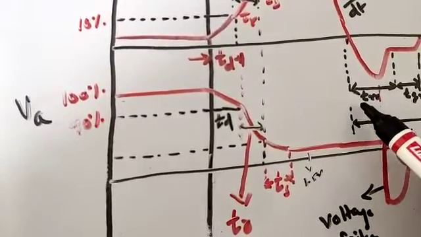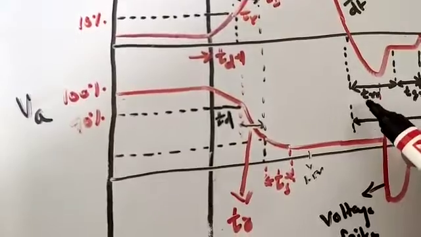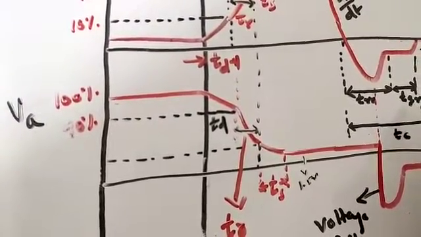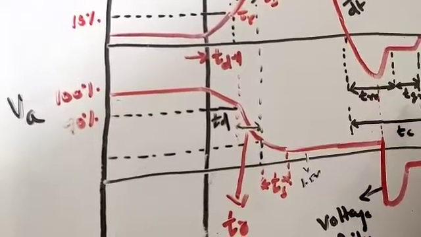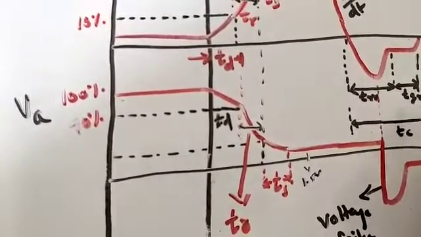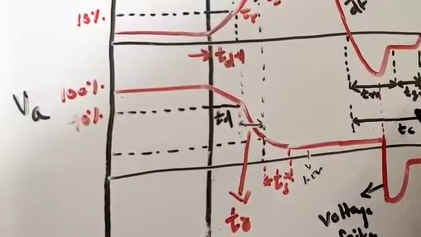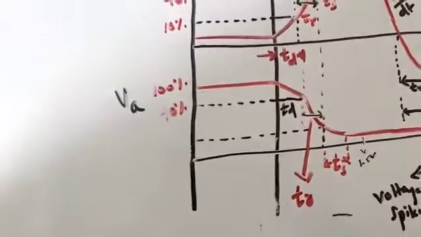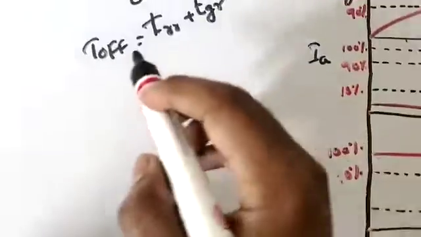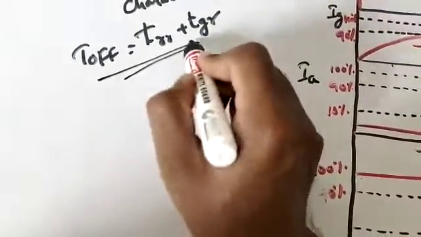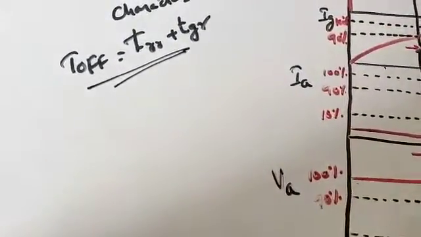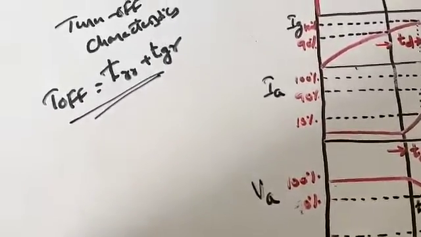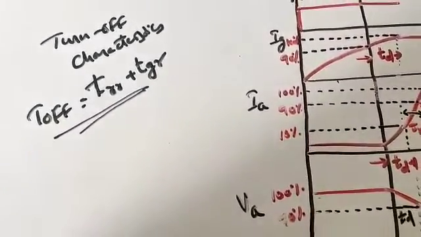Reverse recovery time is the time required to remove the charge carriers from the junctions J1 and J3, and gate recovery time is the time required to remove the charge carriers from junction J2. So this turn off time is a combination, a summation, of reverse recovery time and gate recovery time.